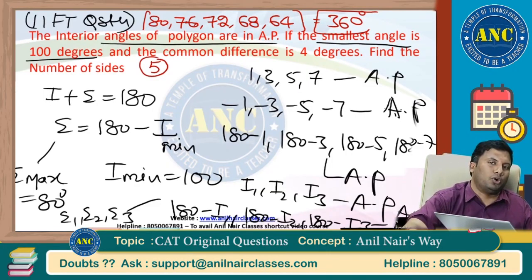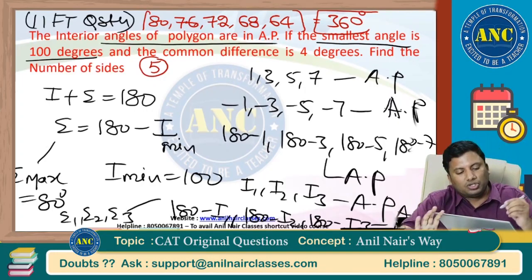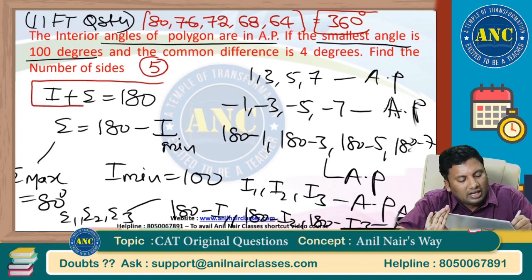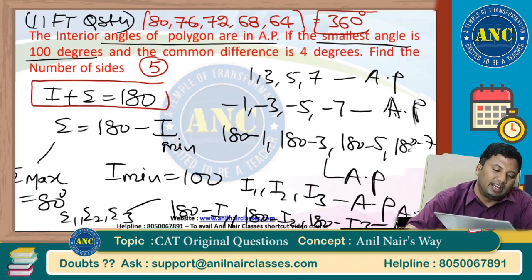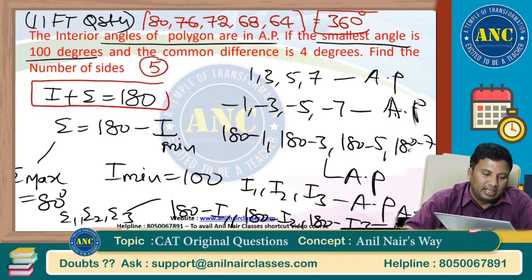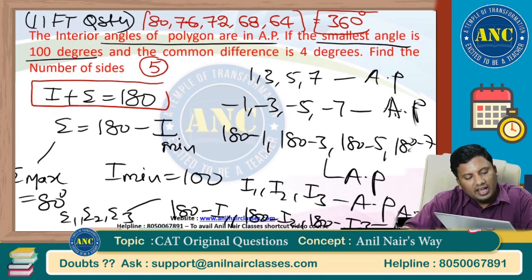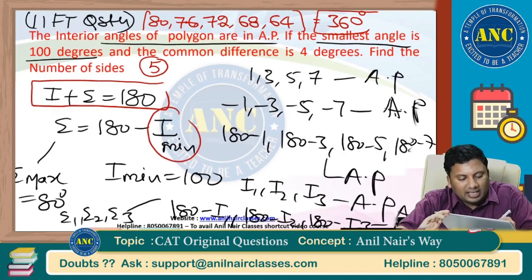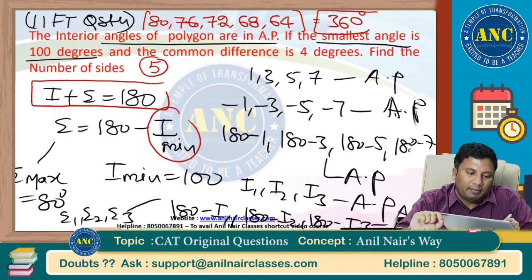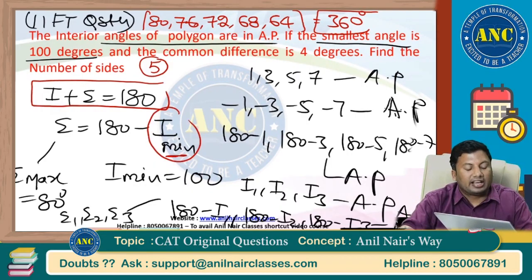Non-formula based approach, logical based approach. The only thing you should know is that interior plus exterior is 180, so exterior is 180 minus interior. Interior minimum angle is 100. Exterior maximum angle is 80.